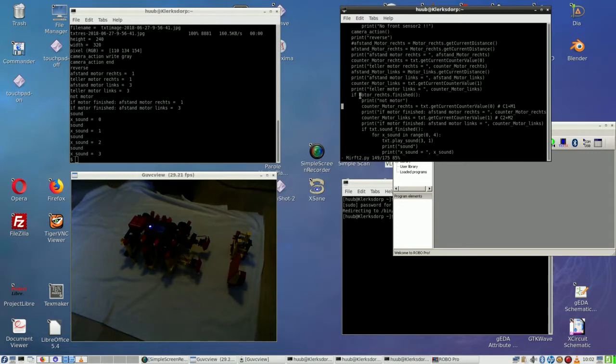Now this method finished counts down and ends. This condition is only done when it is completely nil, when the distance of motor S has gone to 0. So it's only logical if I change this to distance, and then I should actually compare the things. So I have a counter value and a distance value.